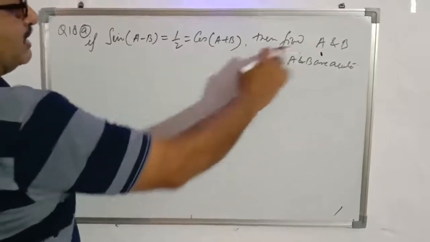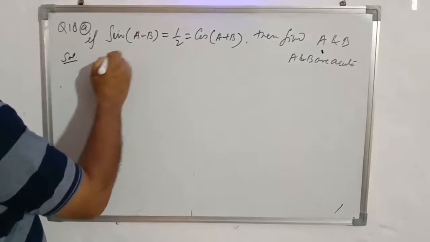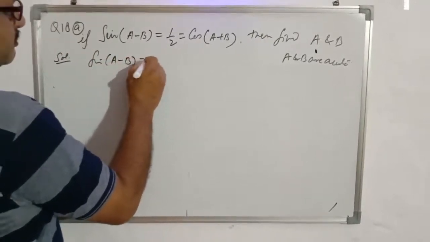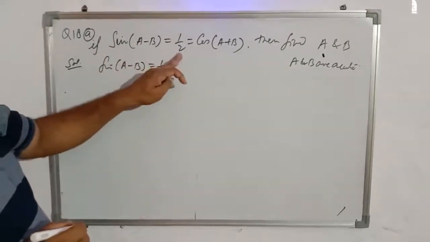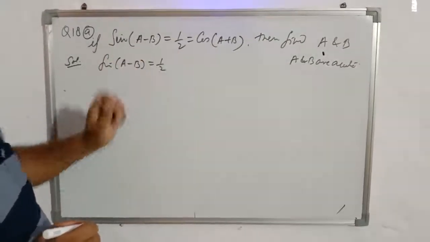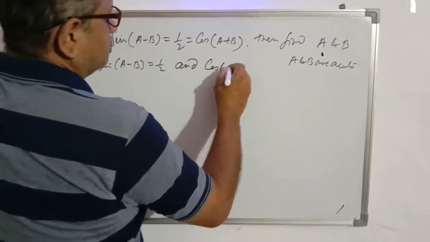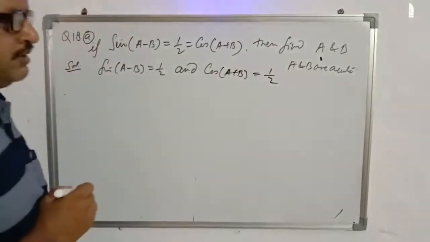We have to find the angles a and b. So see the solution. It is given that sin(a minus b) is equal to 1 by 2, and cos(a plus b) is also 1 by 2.